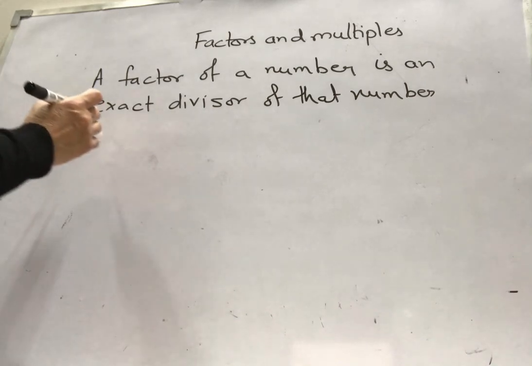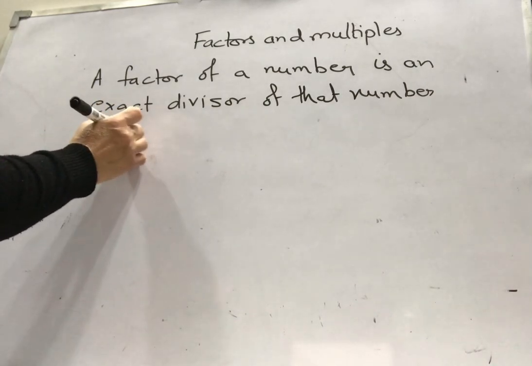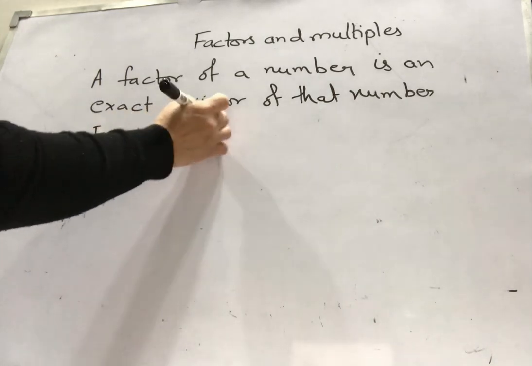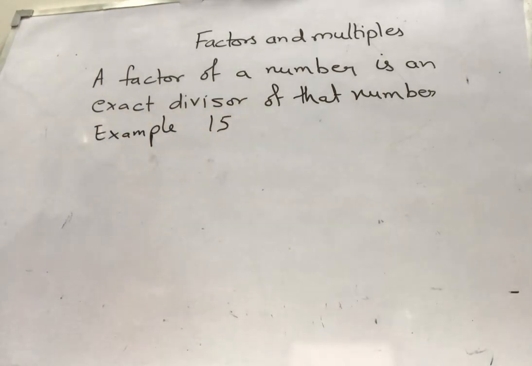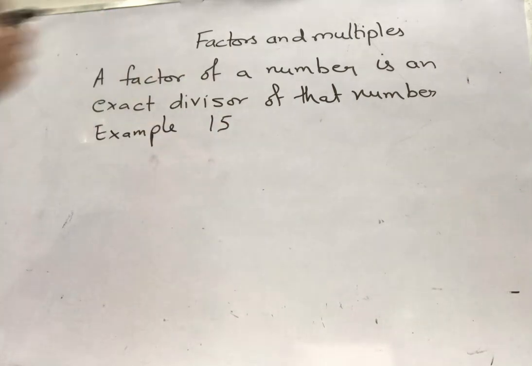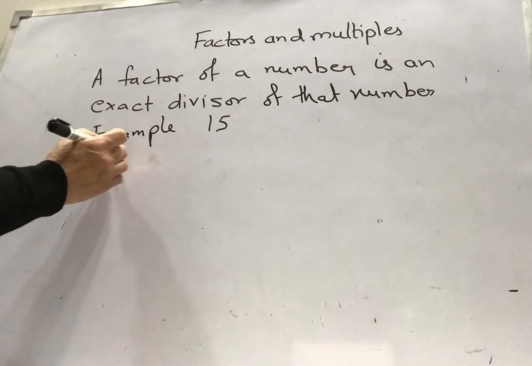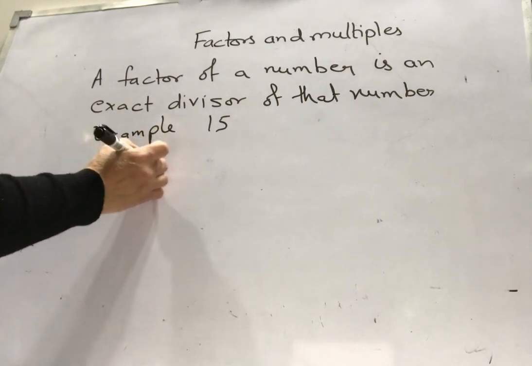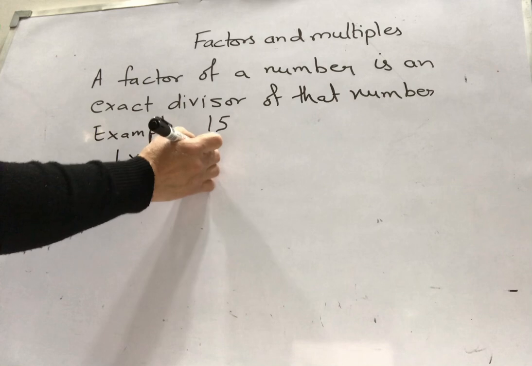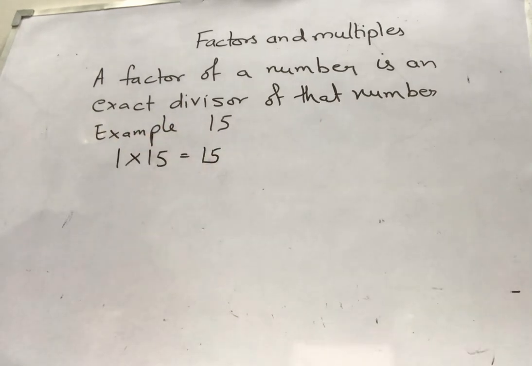Let me take an example, 15. Now first, you have learned divisibility rules. In my earlier videos I have talked about divisibility rules. In case it's a big number, you will require the divisibility rule to check whether you can divide that number by 1, 2, 3 in order. 1 is a factor of every number. 1 into 15 is 15.